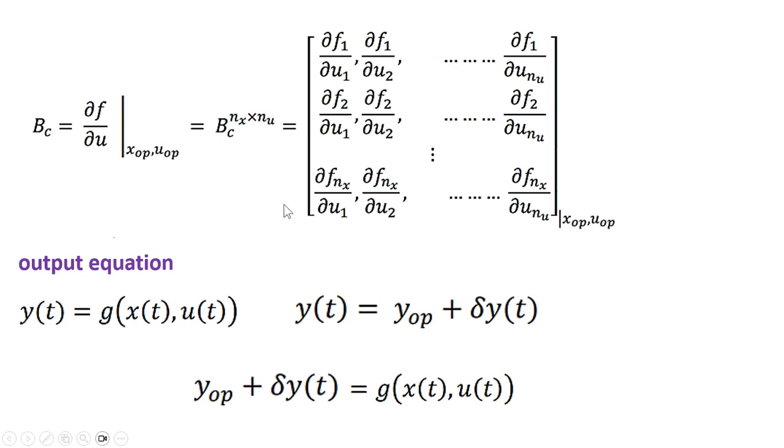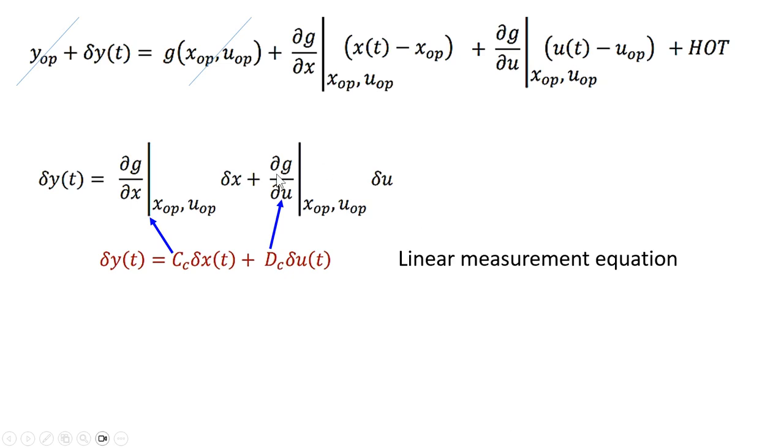Now let us also look at the output equation. Using the operating point, we know that. Let us substitute the value of yt from this expression here. Now, let us take the Taylor series expansion of this nonlinear output equation. It is exactly the same way that we did it for the state equation. Here also we will neglect the higher order terms.